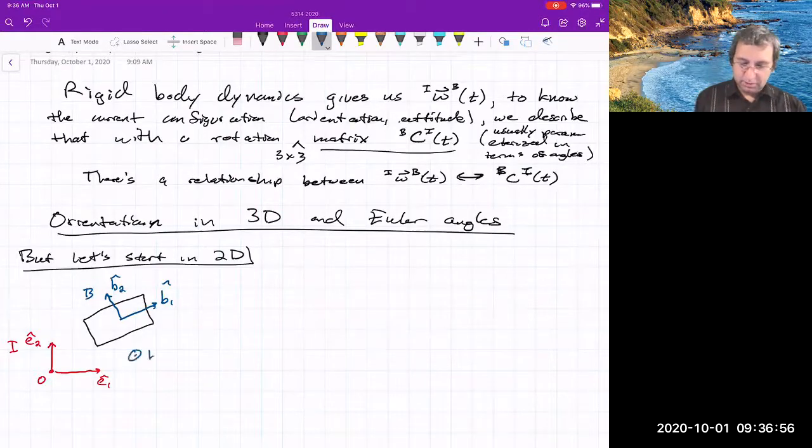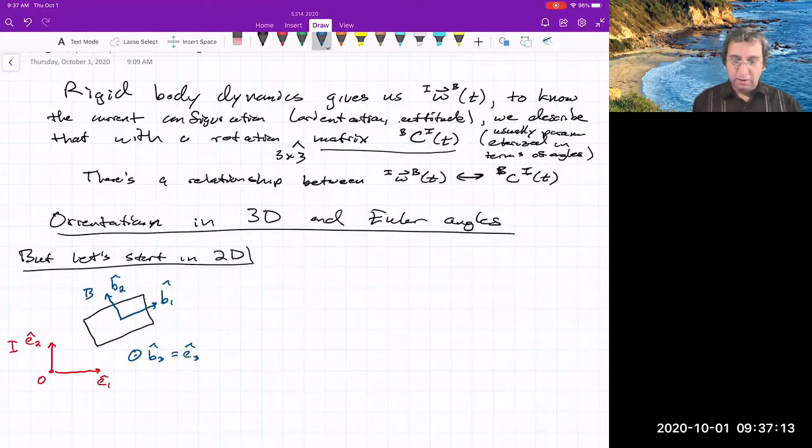If you want, there's some third direction popping out of the screen. Third direction doesn't really matter here, but we want to describe the orientation of the B1 and B2 directions with respect to the E1 and E2 directions.